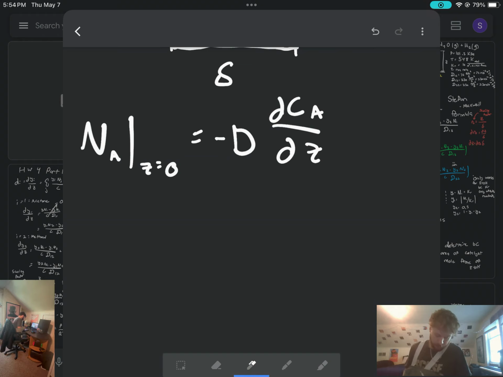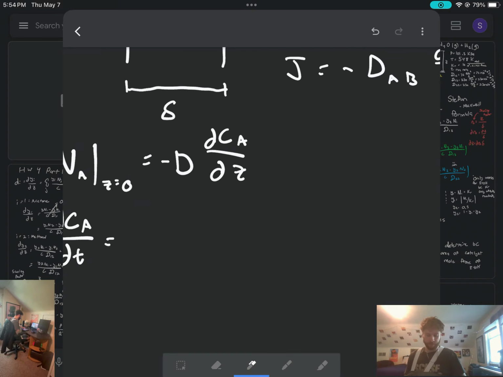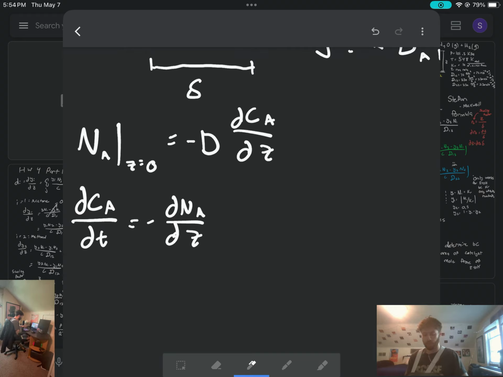So we'll say that our change in concentration of our gas with respect to time is equal to our negative change in flux with respect to position. The reason it's negative is because flux goes from areas of high concentration to low concentration.